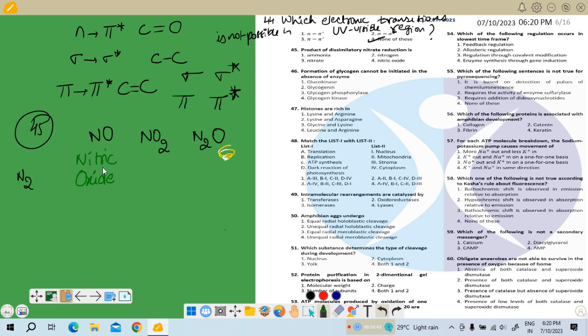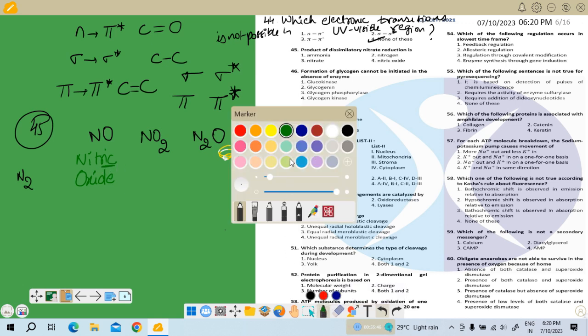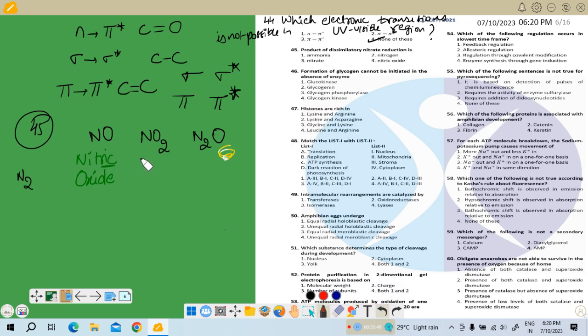Now NO2, with two oxygens, is nitrite. Because two oxygens are there, this is a dioxide.